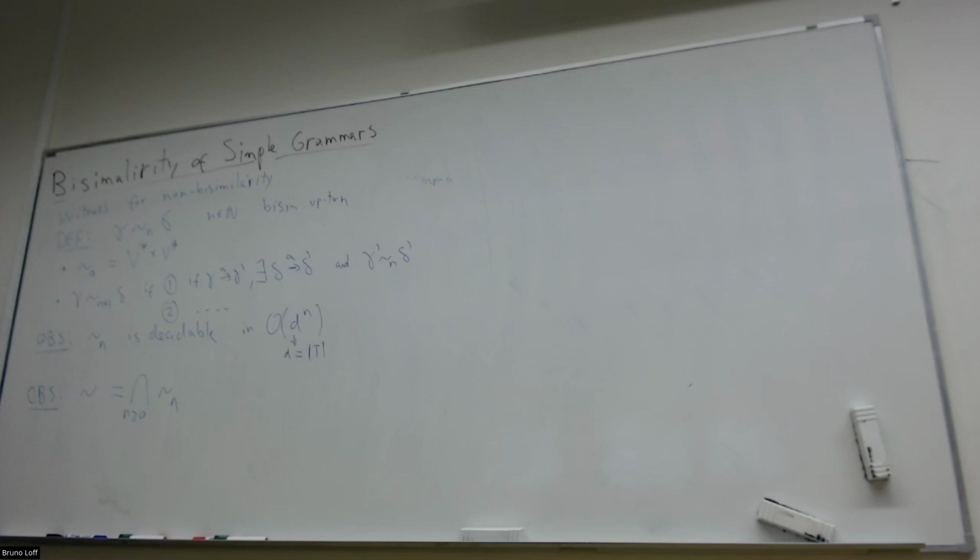But then I should also tell you a little bit about how you can prove that words are actually bisimilar. This is another trick that has been used. So you're saying that if words are not bisimilar, there will be a transition of length exponential in the size of the grammar, which is possible from one word but impossible from the other.